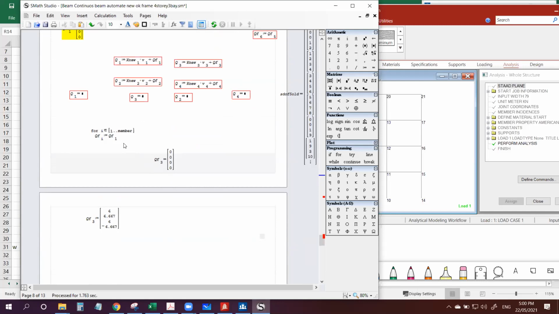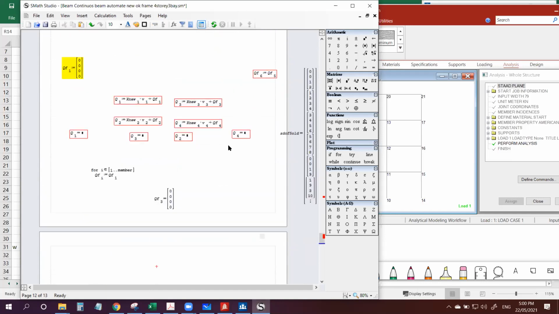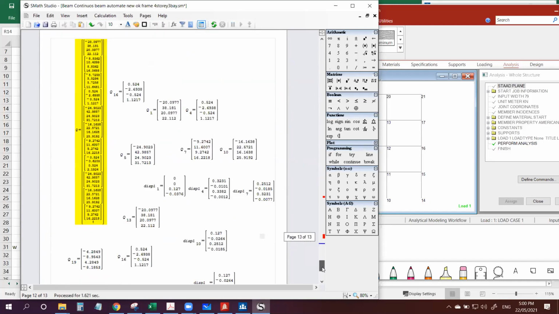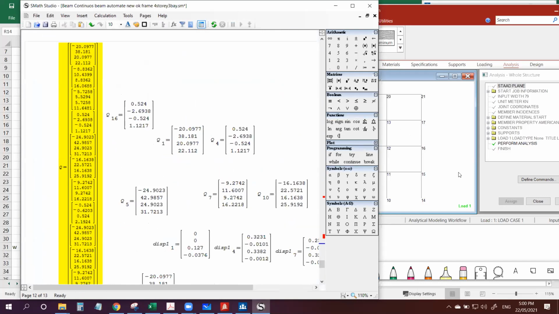I defined a QF here. I'll delete this because there's no member forces. Force along the axis. Okay, so this is my Q1.